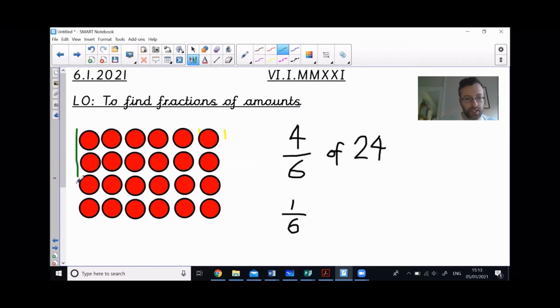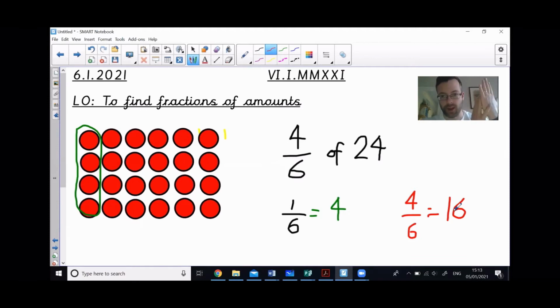So in 1/6, I have 4. 1/6 is equal to 4. Now once I know what 1/6 is, I can then work out what 4/6 is. Because if I know that 1/6 is 4, then 4 lots of that is going to be equal to 16.